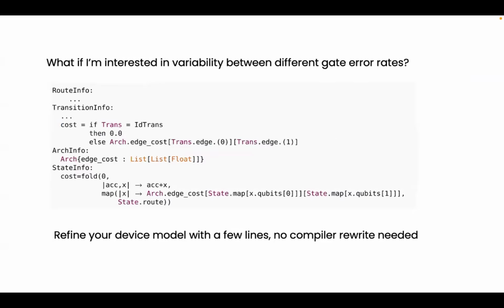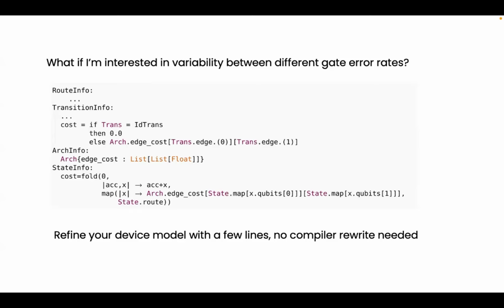And then where this approach becomes exciting is that you can use it to answer slightly different questions really quickly. So what if you're interested in variability between different gate error rates? On an actual device, it's not like every single 2-qubit gate is equally likely. It turns out, for some reason in the manufacturing process, this link is like 10 times less reliable than other links that I have. This is something that shows up very commonly in the hardware.